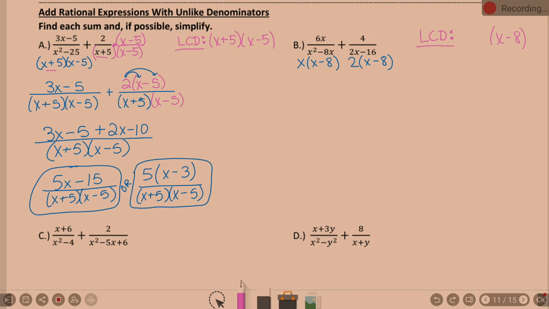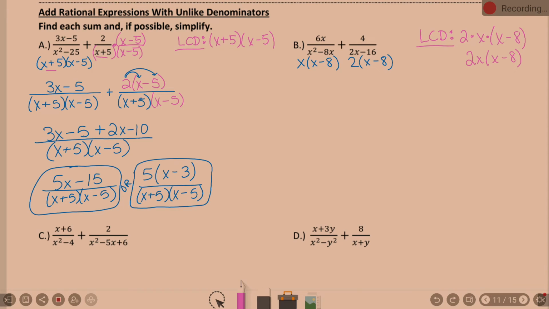What are my leftover pieces? 2 and x. There's an x, there's a 2. So my common denominator is 2 times x times x minus 8, more commonly written as 2x times x minus 8.